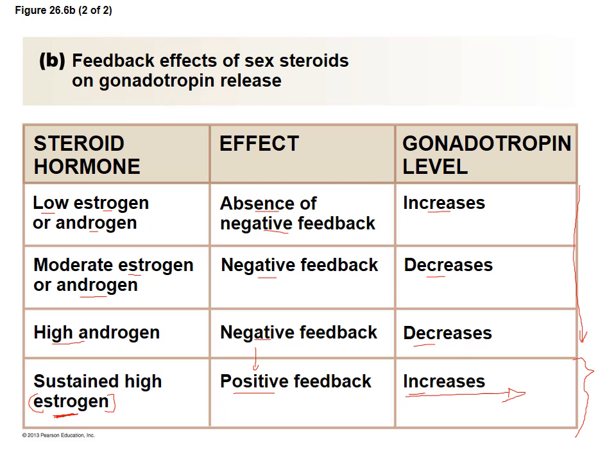In other words, estrogen has this paradoxical effect on the gonadotropin release. And this effect of estrogen on the FSH and LH release plays a very important role in the female reproductive cycle, or the menstrual cycle, as we'll see when we take a closer look at the female reproductive system.